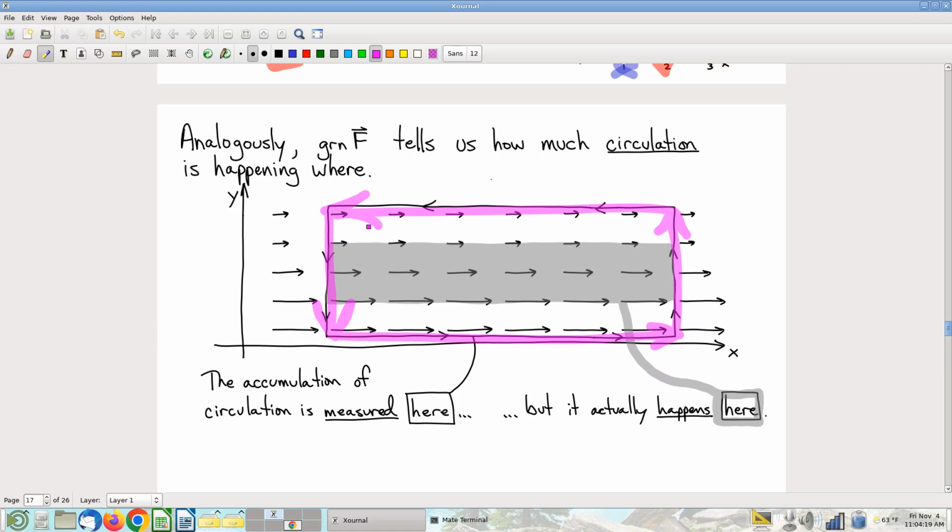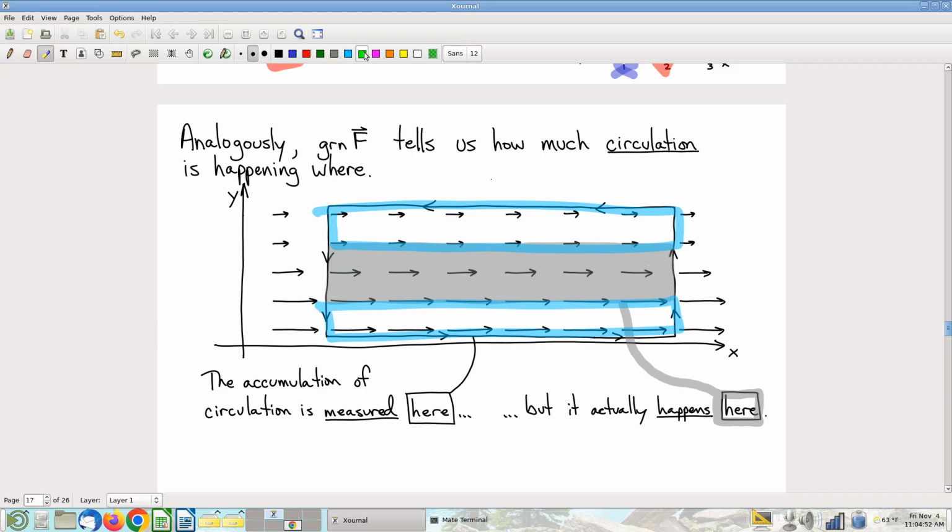No. That's how you detect circulation. But imagine this vector field now represents the flow of a fluid. Let's imagine we're looking down on a river or something, and the river is not moving very fast over here, but it's moving much faster down here, and pretty much constant along in there.